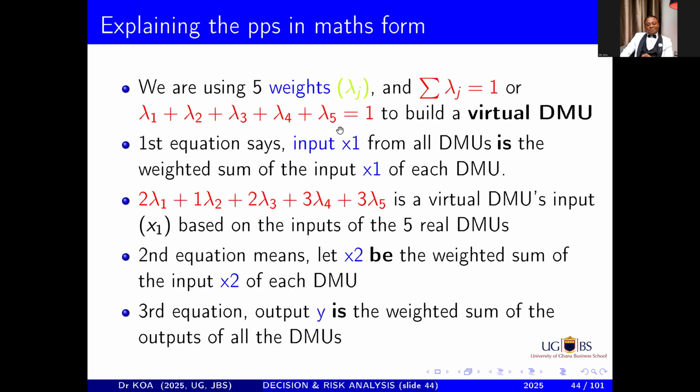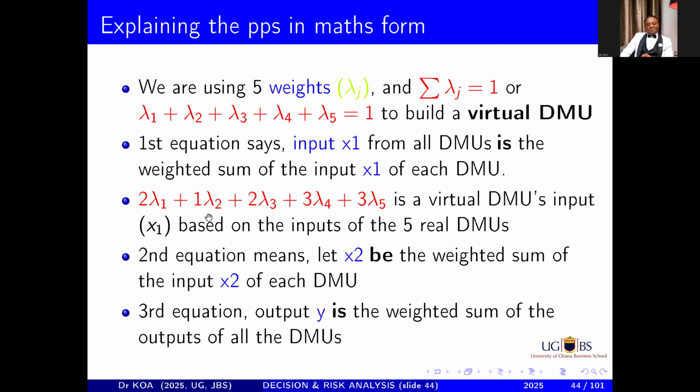X1 is greater than that means that input x1 from all DMUs, that is the right-hand side, is the weighted sum of the input x1 of each DMU. So x1 is actually an input, and it is the input from all of them. It happens to be the weighted sum of the inputs of each one of them.